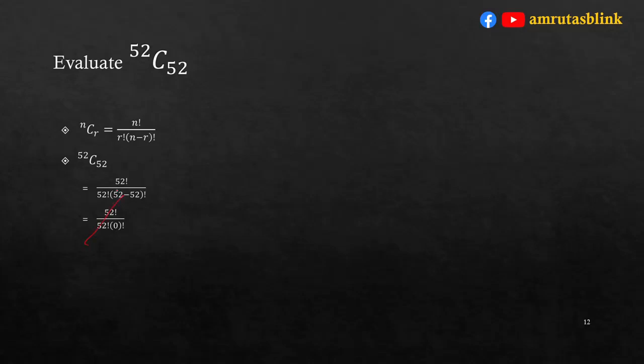So 52 factorial cancels, that is 1 upon 0 factorial. Now 0 factorial is nothing but 1, hence 1 upon 1 is equal to 1. So ultimately we can prove the rule that nCn is always equal to 1.